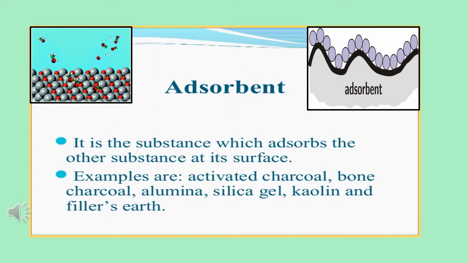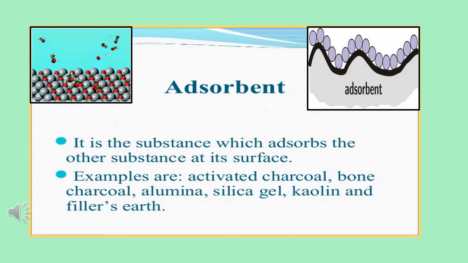Children, now we are going to define adsorbent. So adsorbent is the substance on which adsorption takes place. That is, it is the substance which adsorbs the other substance at its surface. So on the surface of the adsorbent, adsorption takes place.